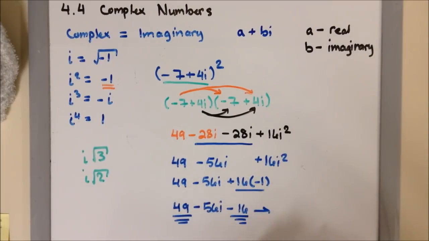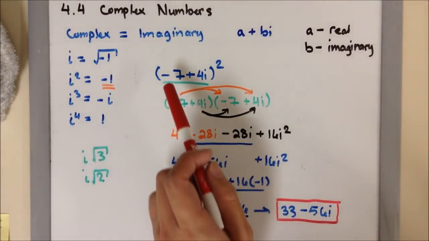So 49 minus 16, that's going to be 33. And then I'm going to bring that over, minus 56i. So my final answer is 33 minus 56i. There's nothing I could do to the 33 nor the negative 56i.